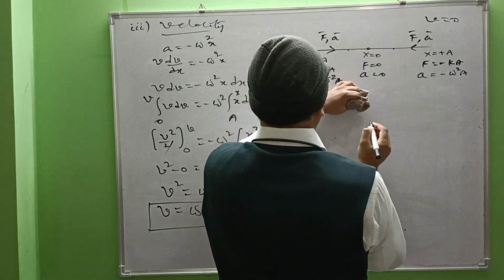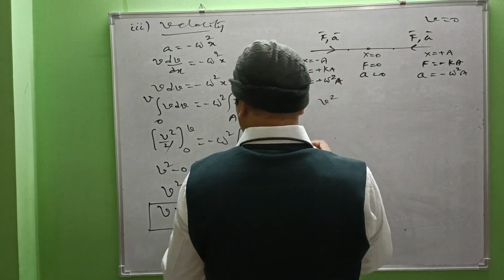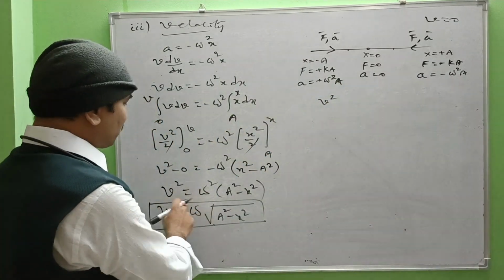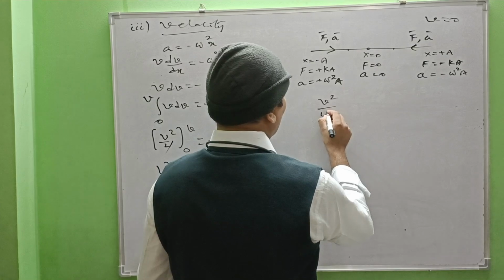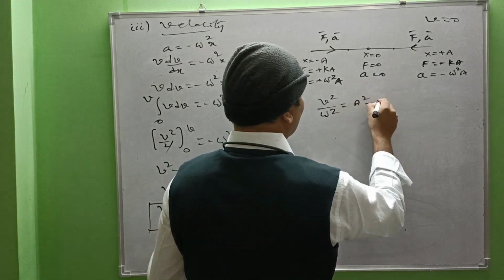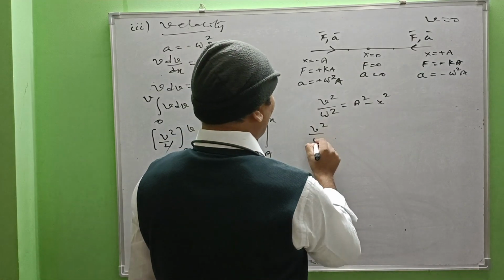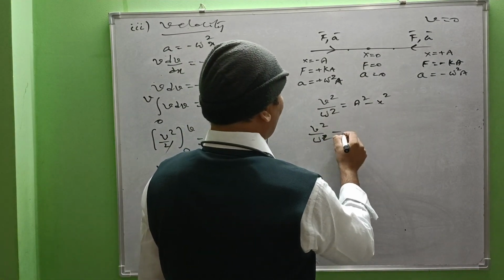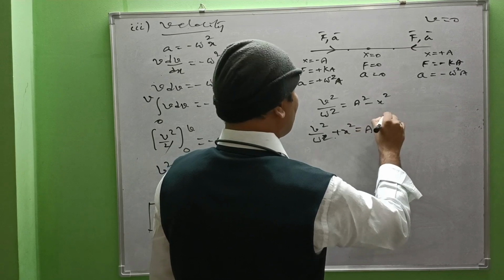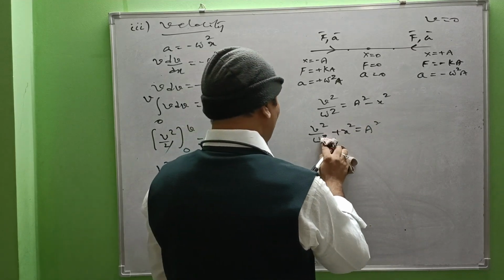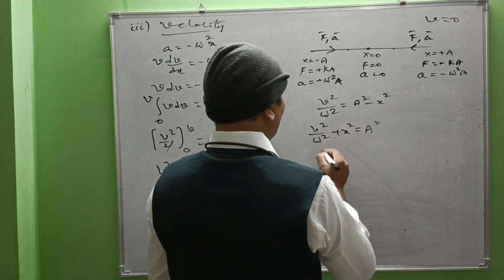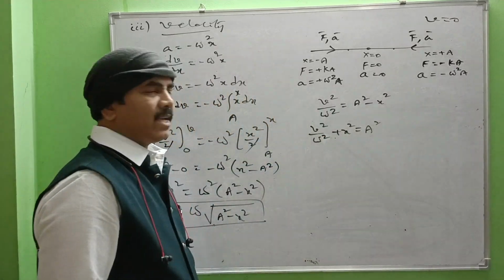So v square by omega square equal to a square minus x square. That is, v square by omega square plus x square equal to a square.